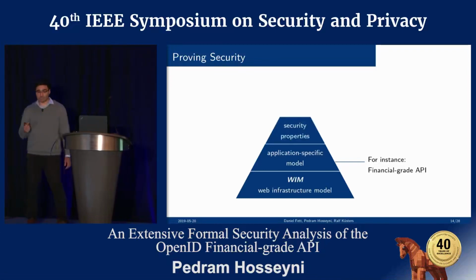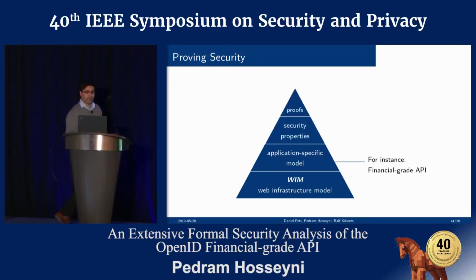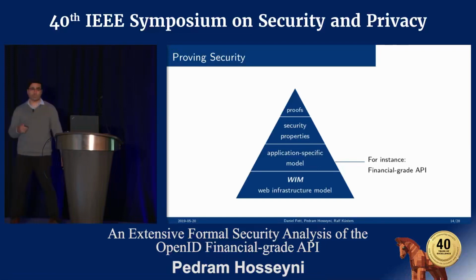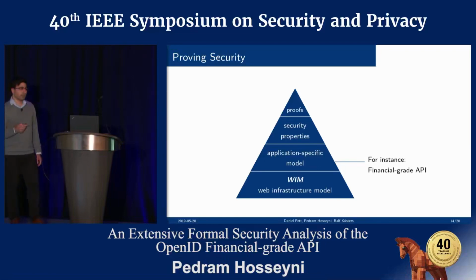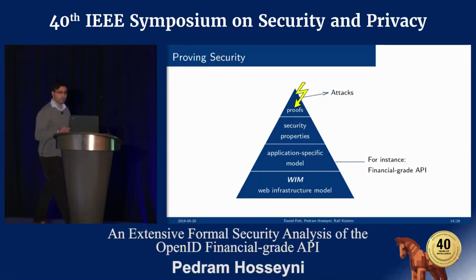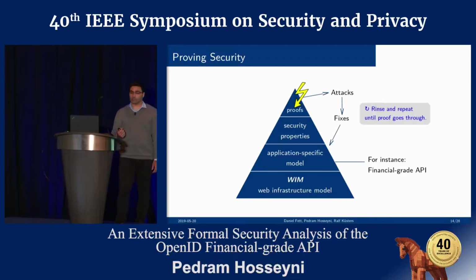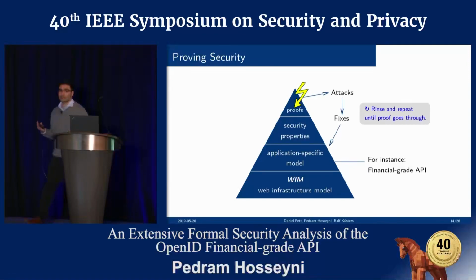Then, once we have this, we can precisely define security properties. And in the end, we want to prove that these security properties hold true within the model. At this point, it might be that the proof does not go through, and you find attacks, for which you have to find fixes. You have to incorporate these fixes into the model and repeat the whole process until your proof goes through.